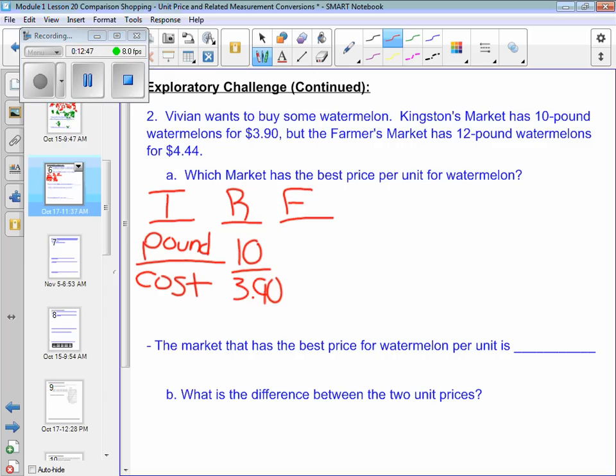Okay, and keep going. Equals 1, and leave the bottom blank for right now.